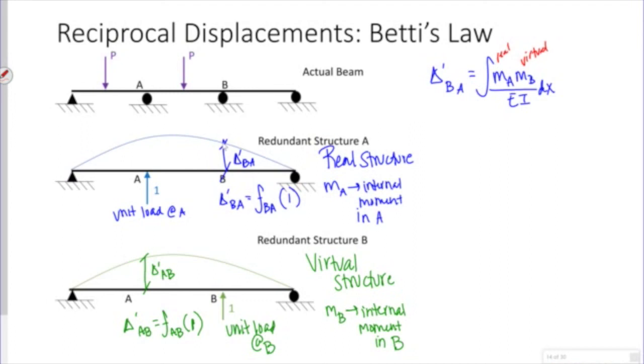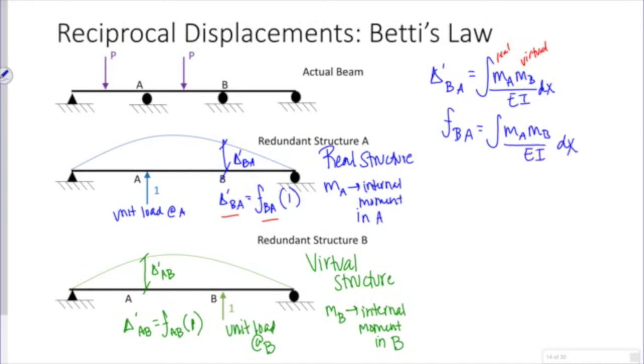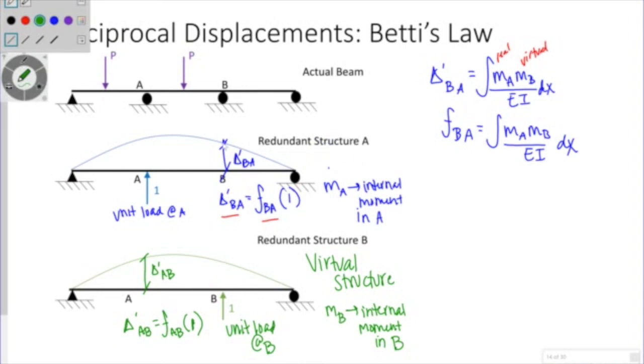Now I've just said that my displacement of A is also equal to my flexibility coefficient. So I can say my flexibility coefficient BA is equal to the integral of my moment at A, moment at B, over EI dx. Alternately, what if my structure B, right?